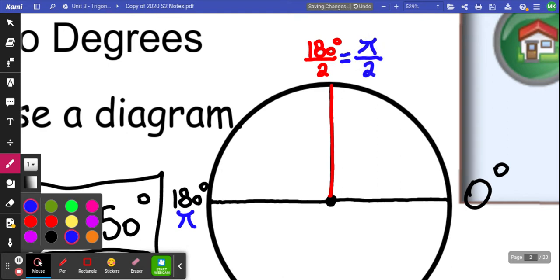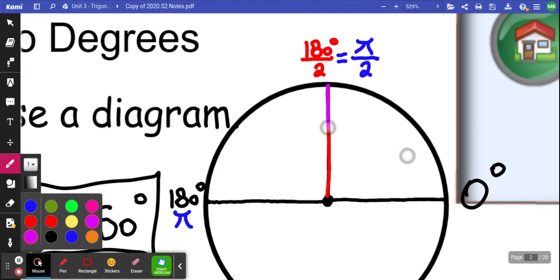If this is pi radians, then this is pi over 2 radians. Cut in half. Okay, let's divide this up into fourths. So if I divided this into fourths and I took that top piece, it would look like this.